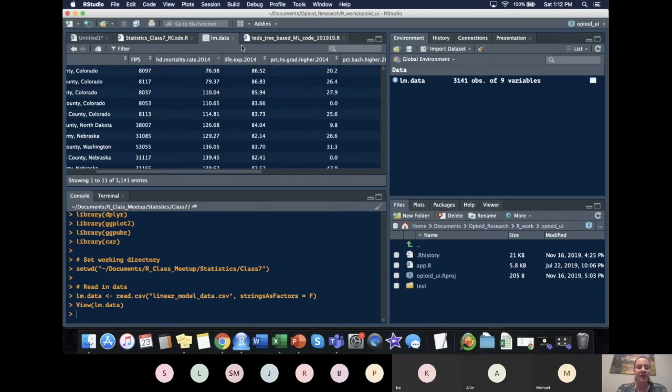So let's do life expectancy and percent high school graduate higher than 2014. What it means to be independent pairs is that this 86 number, the life expectancy for each pair, should be independent from this value. So one should not depend on the other.